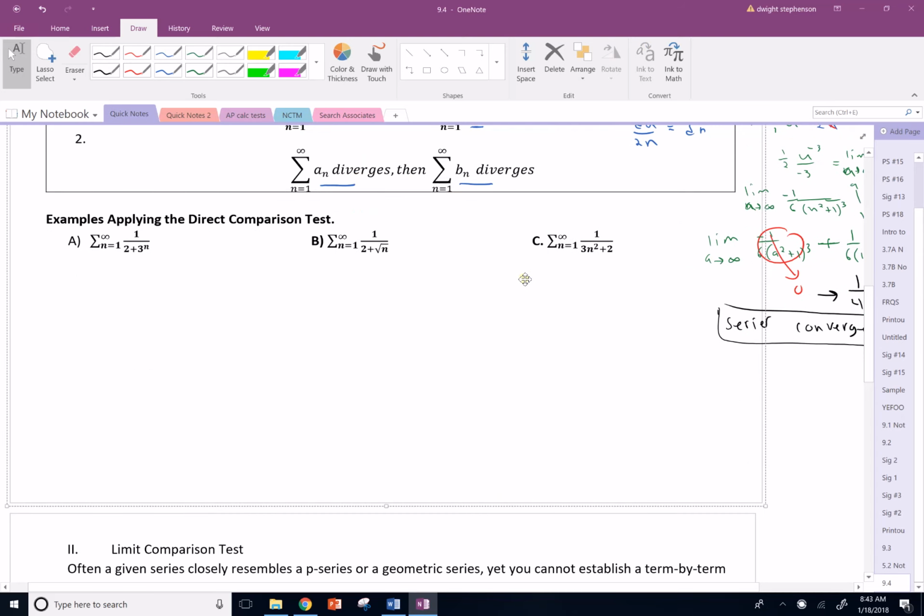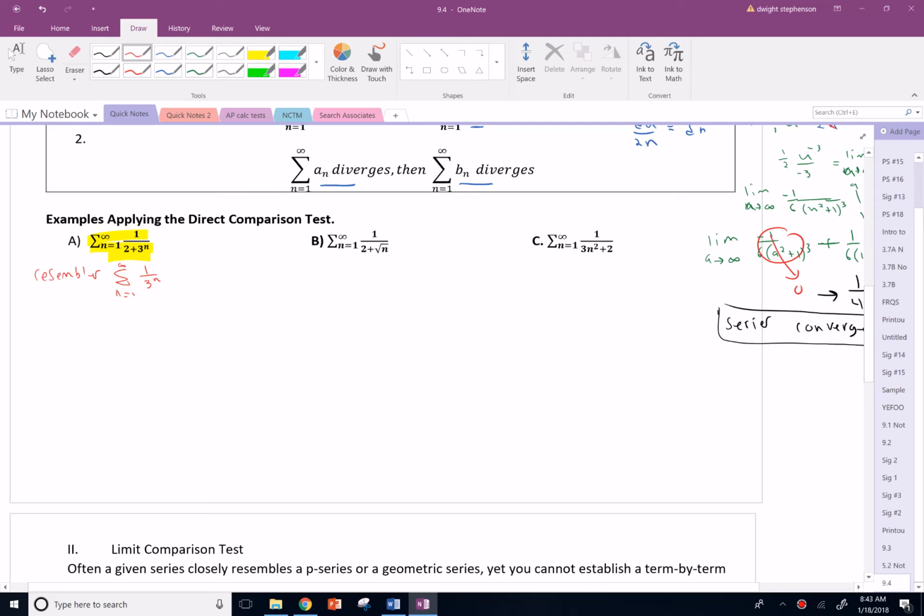Okay, so here we are. We're looking at a_n here, which we're wondering if this series converges or diverges. And what we want to recognize is that this resembles the series 1 over 3 to the n.